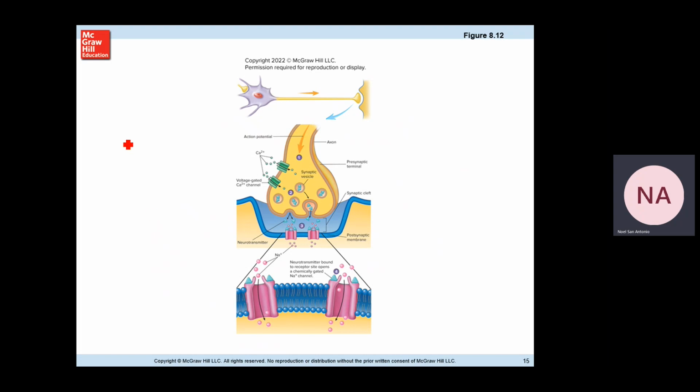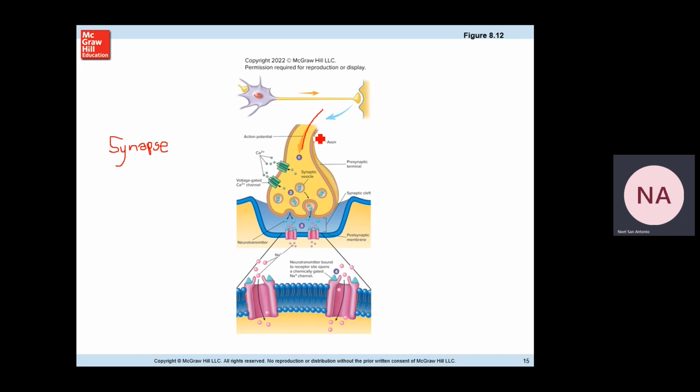I want you to recall our discussion about the neuromuscular junction, because the neuromuscular junction is an example of a synapse. The neurophysiology of the neuromuscular junction is also the same as the physiology of a synapse where neurons communicate.